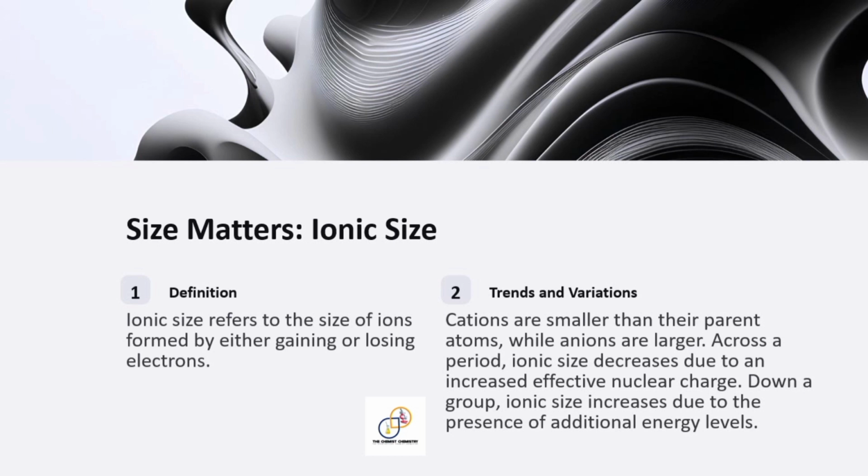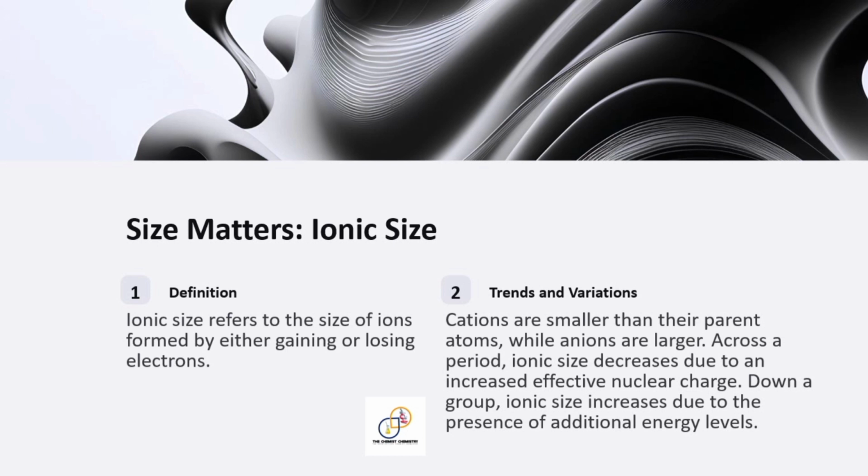So when we are talking about ionic size, we are talking about either the size of an anion, a negatively charged species, or a cation, a positively charged species. Let's take note of that. Ionic size refers to the size of ions formed by either gaining or losing electrons.